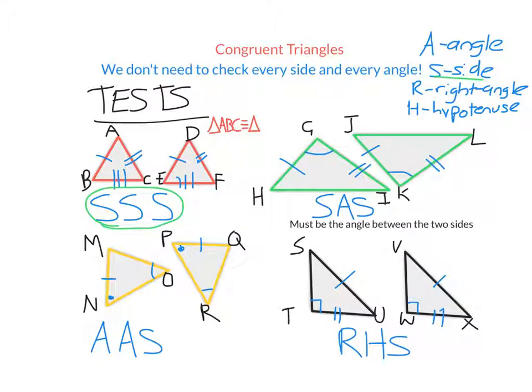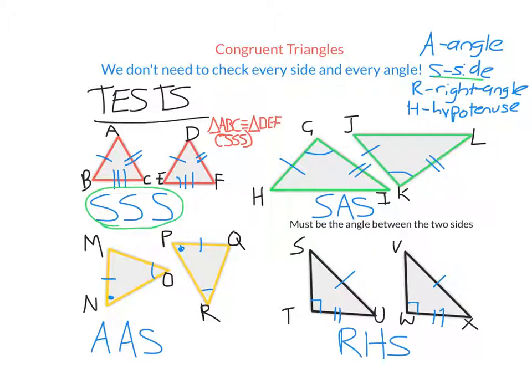Because A was written first in the first triangle, in the second triangle the one that corresponds to A is D. This second triangle, the one on the right, is just a translation of the one on the left, so I can find the vertices pretty easily. A corresponds to D, B corresponds to E, and C corresponds to F. And I usually write the reason, the test I used, in brackets. So that's the congruent statement for the first one.